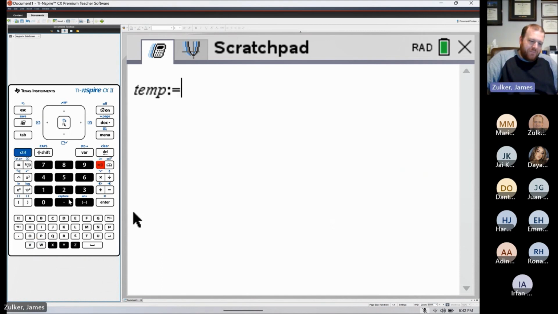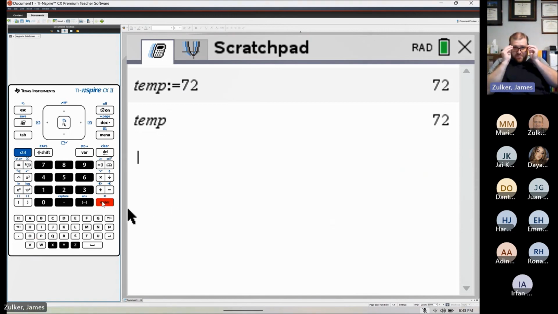Right, I can go let temp be 72. What it'll do now is read temp as the string. So if I just type in temp, you'll notice it's going to turn bold. And if I enter, it's going to recall that value that I just stored, 72.